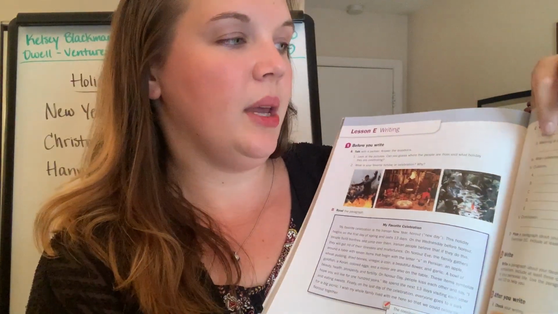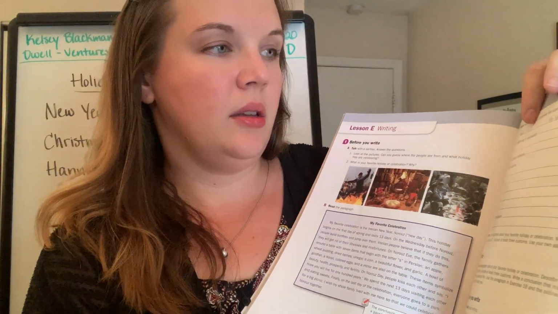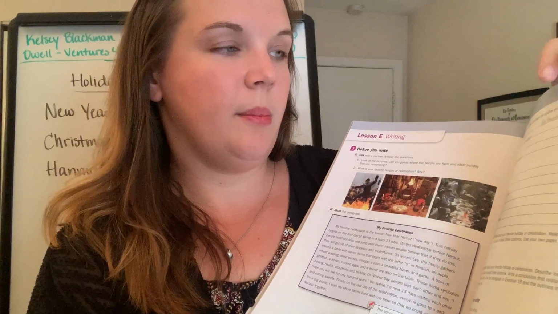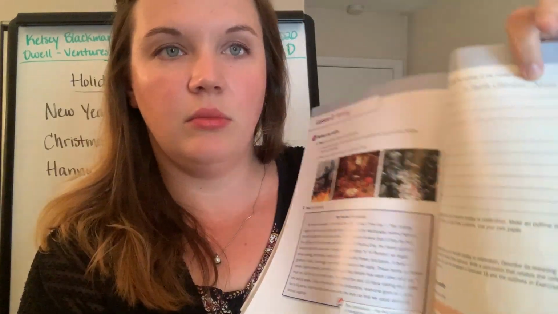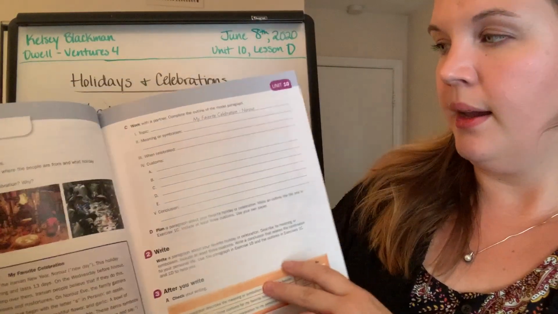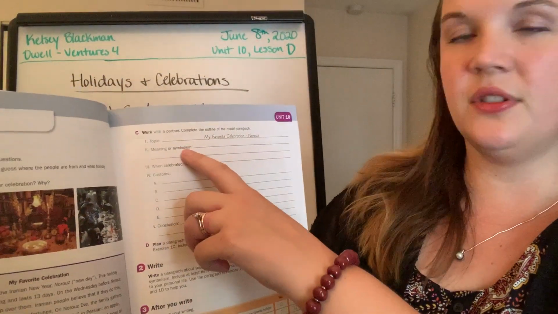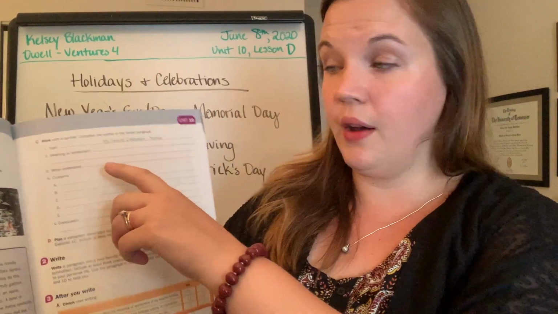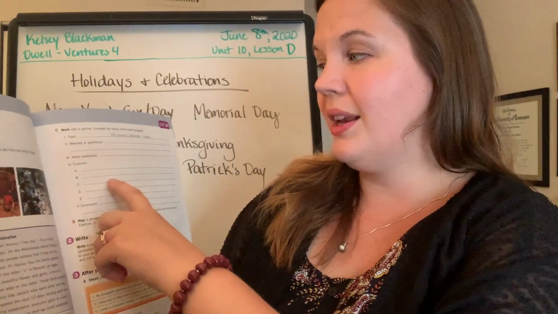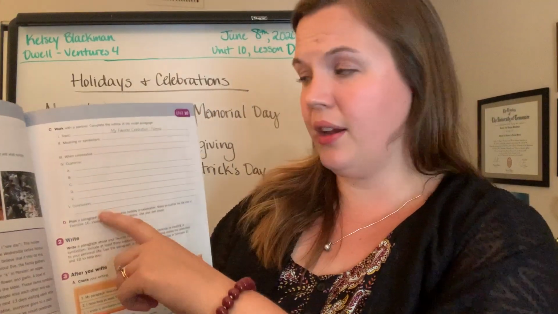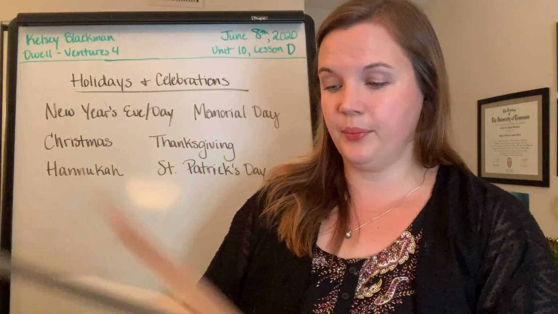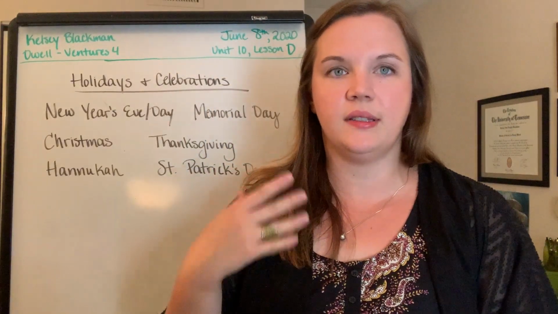So what is the topic? The topic is my favorite celebration, Nowruz, right? And then what is the meaning or symbolism of all of that? When is it celebrated? What are the customs? And then what is the conclusion paragraph? Conclusion sentence.